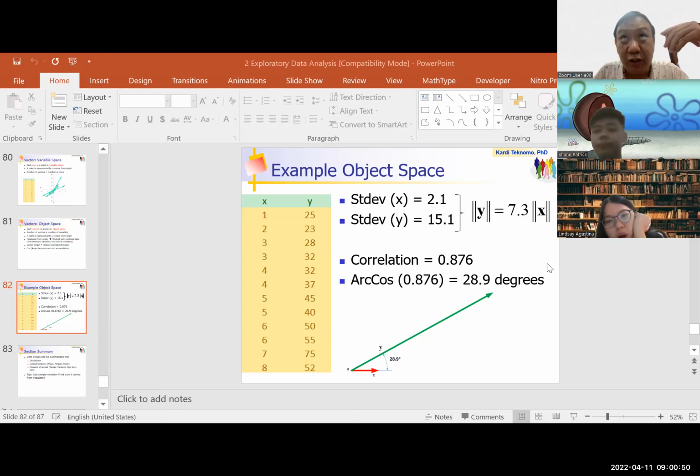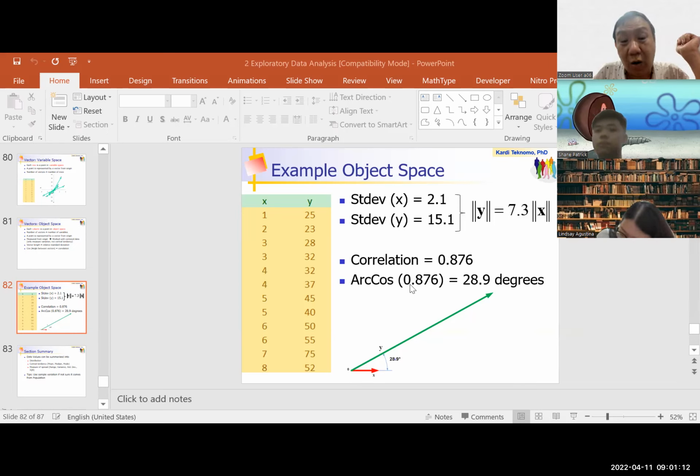Then when you have set the vectors, you want to get the angle between the two vectors. The angle between the two vectors depends on the correlation. So you calculate the correlation between x and y, which is 0.87, for example.